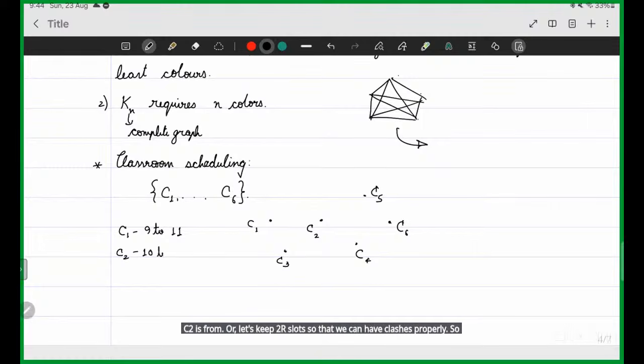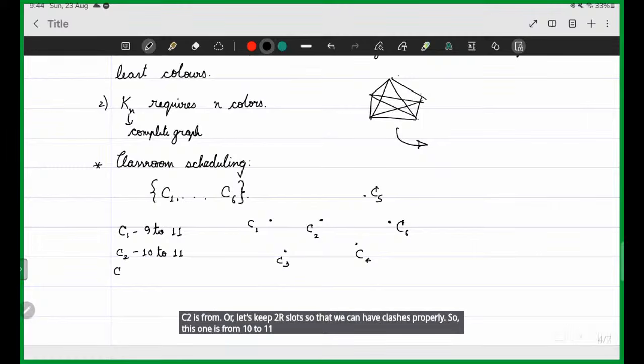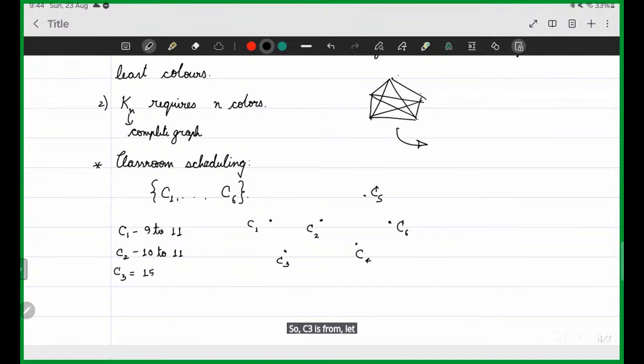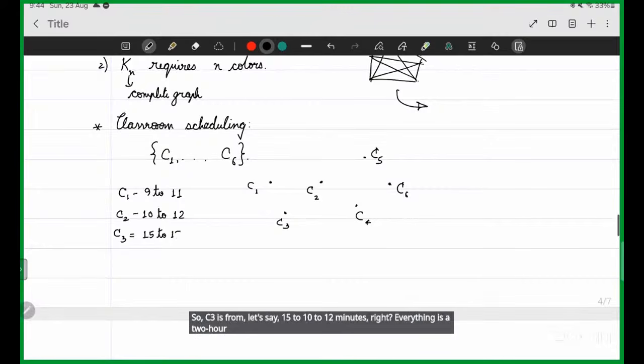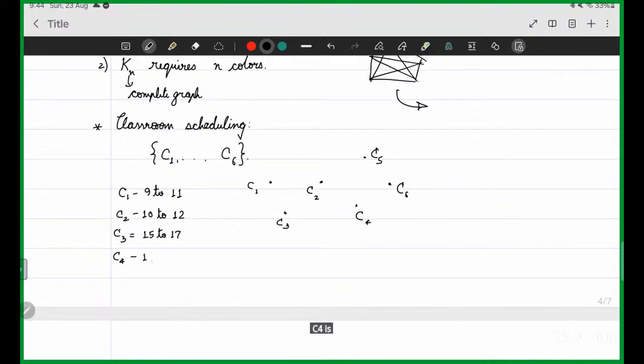C2 is from 10 to 11. C3 is from 10 to 12. Everything is a 2 hour class, let's just assume. C4 is from 13 to 15. This one is from 11 to 13, and some 14 to 16, something like that, right?